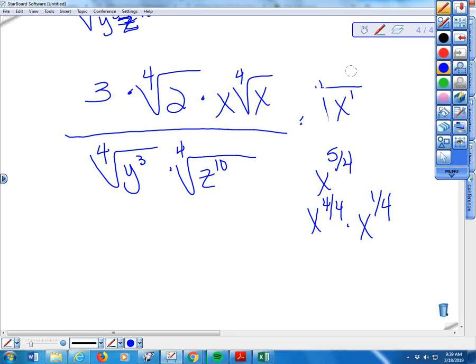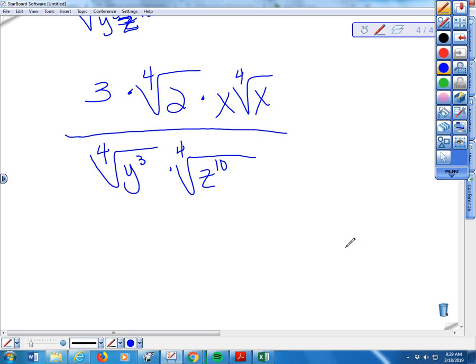Now let's simplify these two. I can't reduce this one anymore because it's just y to the 3/4 and 4 doesn't go into 3. But this one, 4 goes into 10 twice. So that's 8. So I can pull z squared out. We have a remainder of 2 inside, the 4th root of z squared.